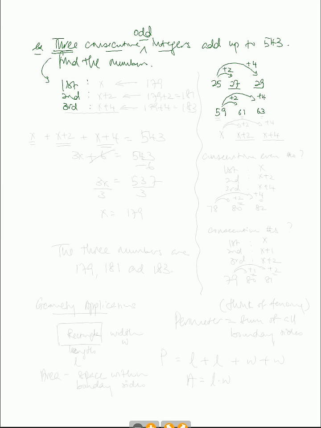So all of a sudden you start to see a pattern. Since we do not know the first number, we're going to call the first number x. If the first number is x, what do you think is the next one? If you get the pattern from before, it tells you to skip by 2. So from x, when you plus 2, the new number is x plus 2. To get the next one, you have to add 4. That brings you to x plus 4. So all of a sudden, we know our unknowns: x, x plus 2, and x plus 4.